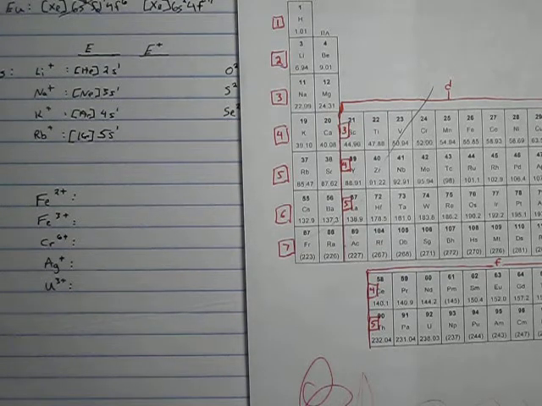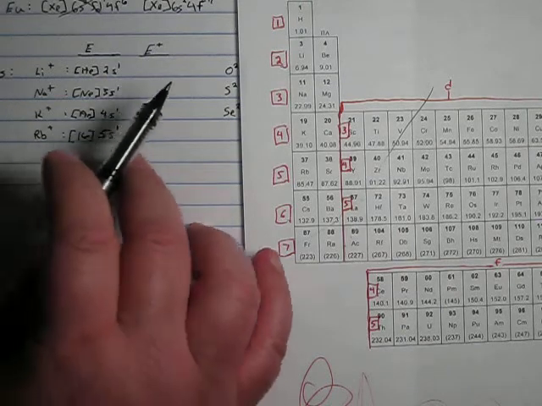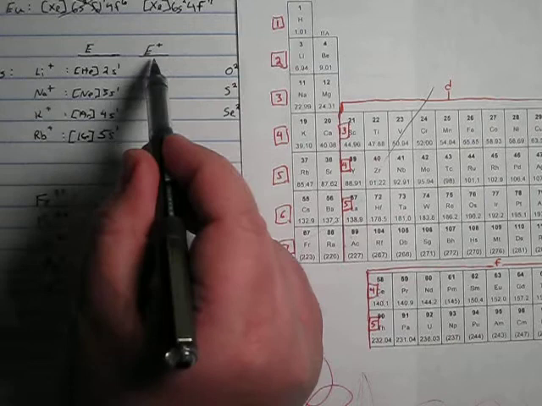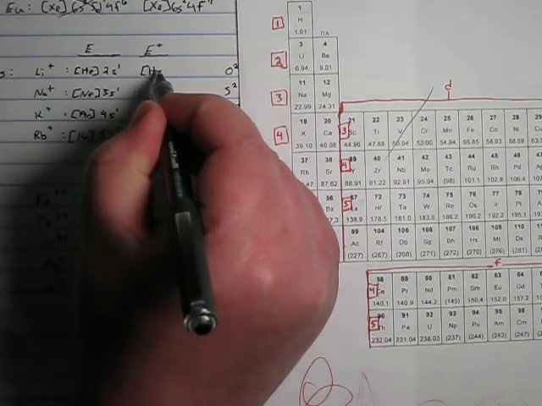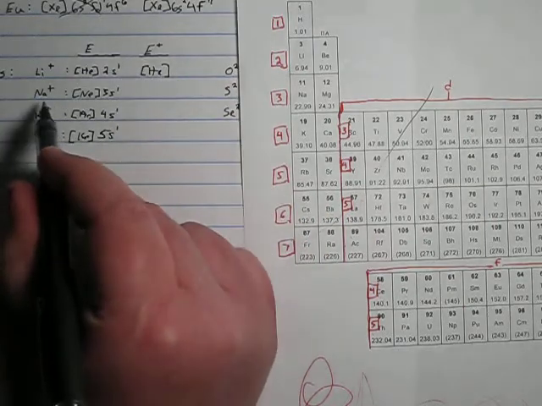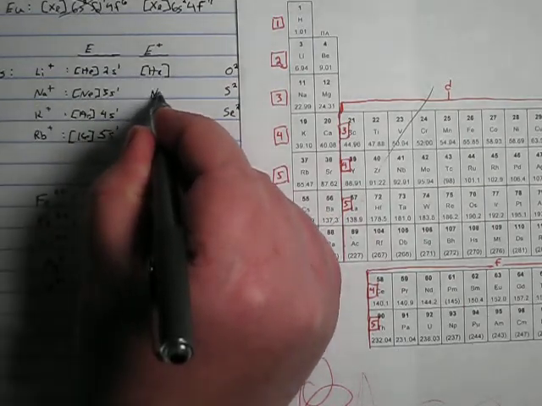But what happens if we make it a positive charge? What if we take a lithium atom with its 2s1 electron, and we remove an electron? Which electron are we going to remove? We remove the valence electron. So Li+ is just going to be helium core. Sodium, that's just neon core.